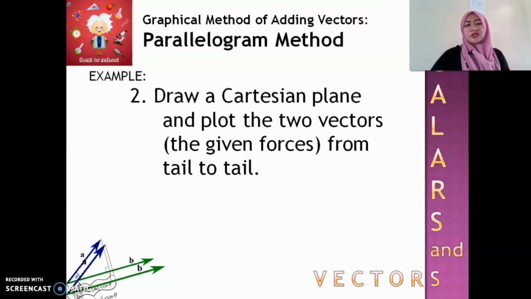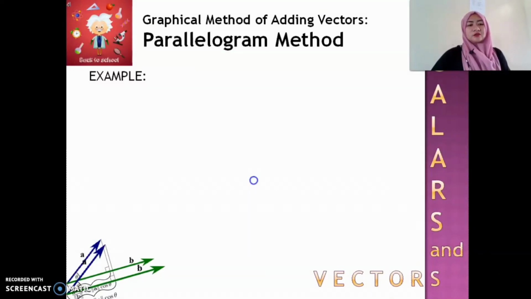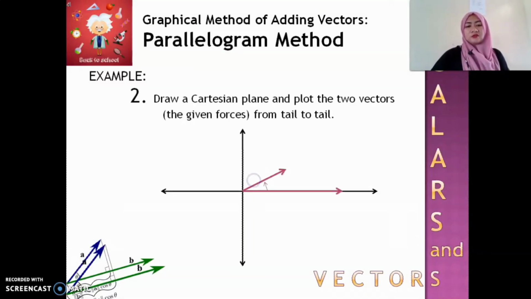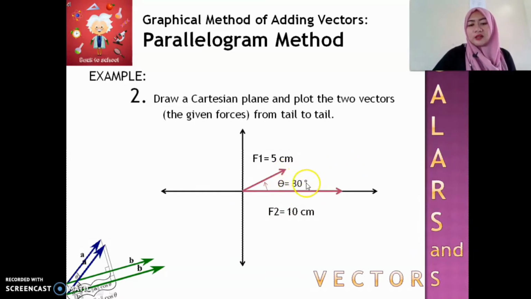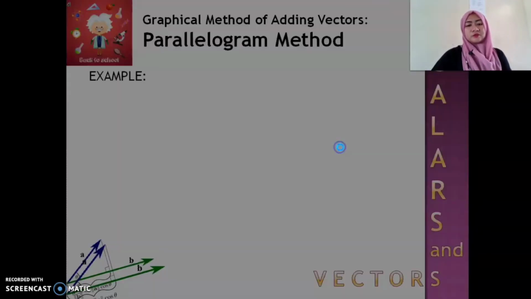Second, you draw a Cartesian plane and plot the two vectors from tail to tail. How are we going to do that? Let's say this is our first vector, 5 centimeters, and our second force is 10 centimeters, and it is at an angle of 30 degrees. How are you going to get your angle perfectly? You have to use your protractor.